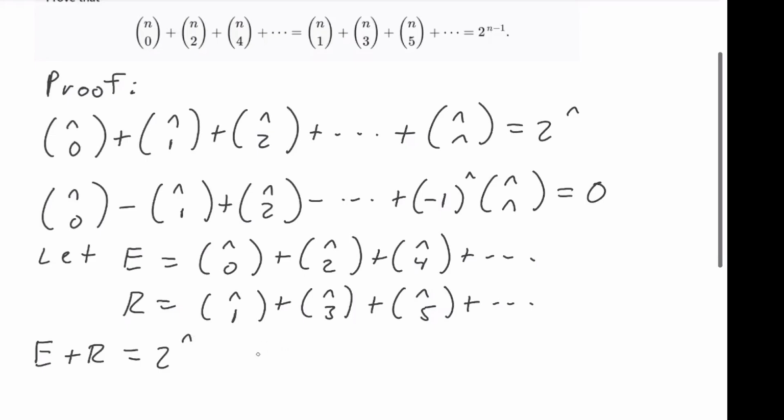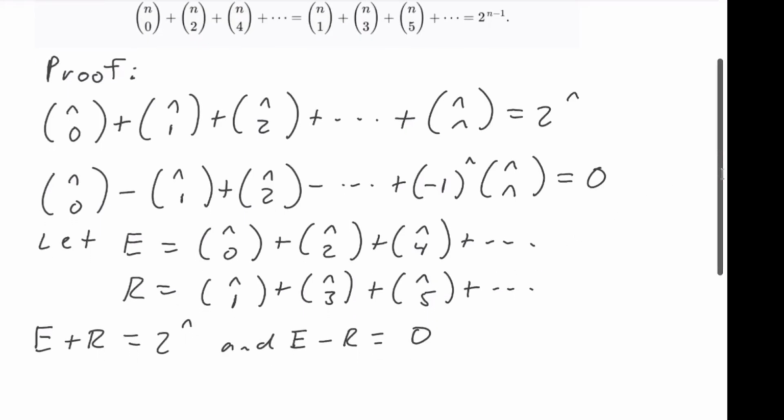And let's look at e minus r. So that's n choose 0 minus n choose 1 plus n choose 2 minus n choose 3 all the way. So e minus r is this equality right here, and we know that's equal to 0.